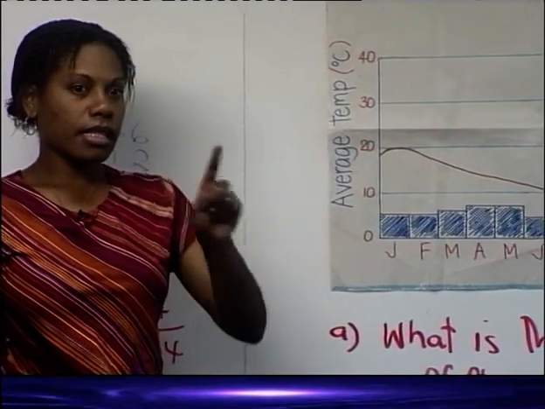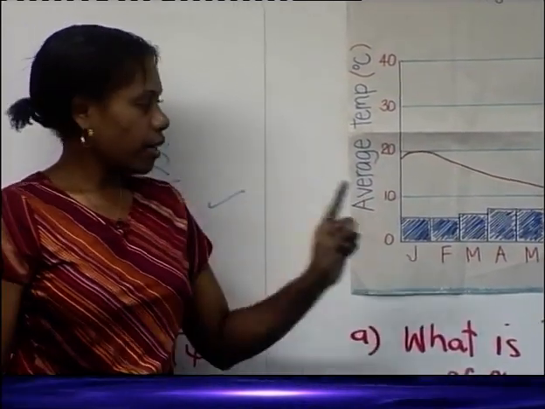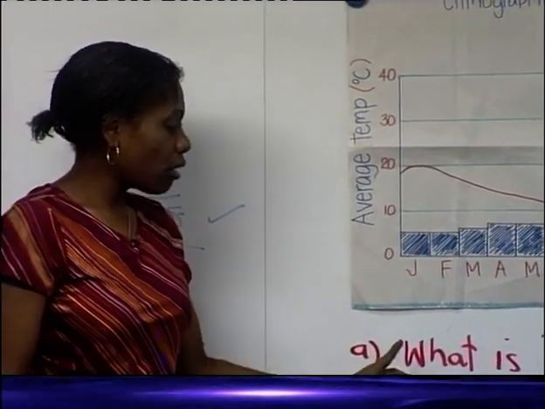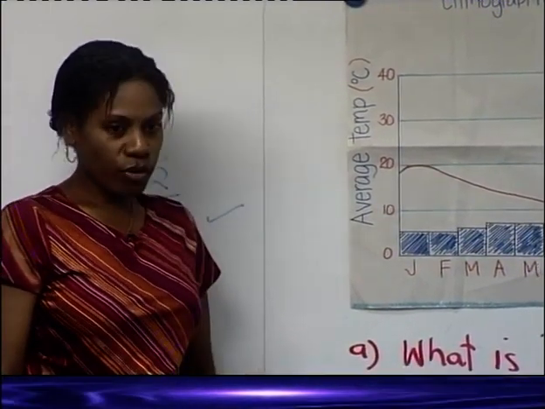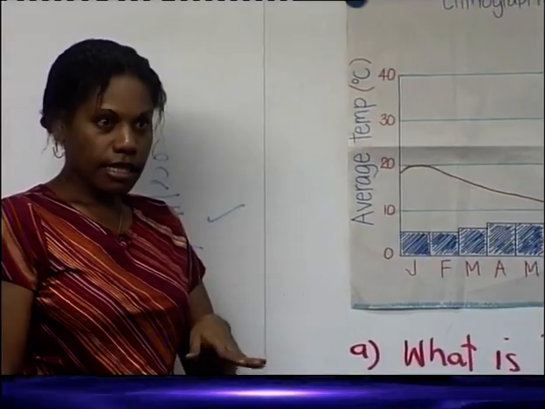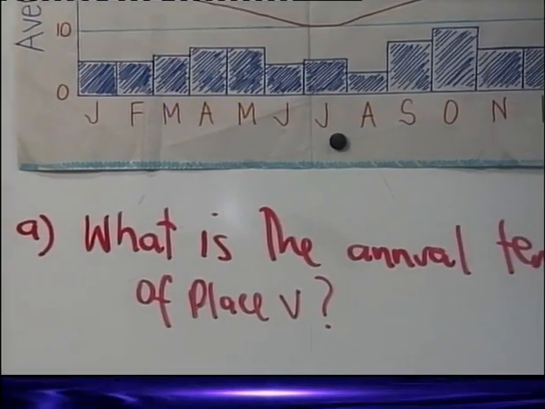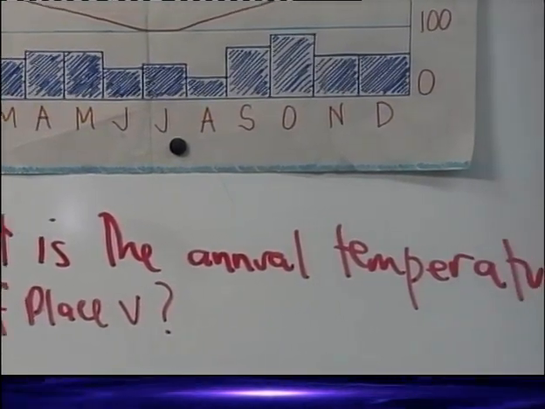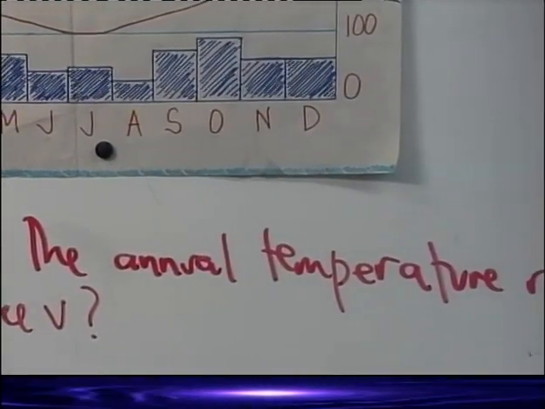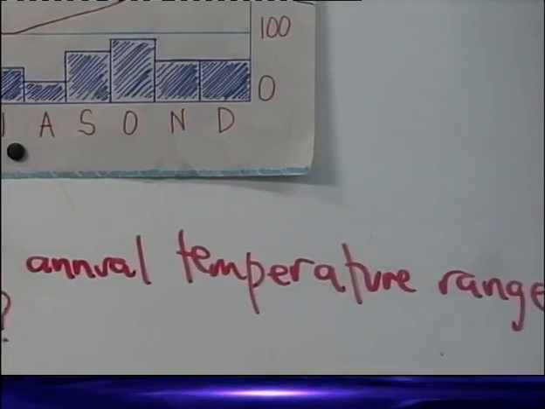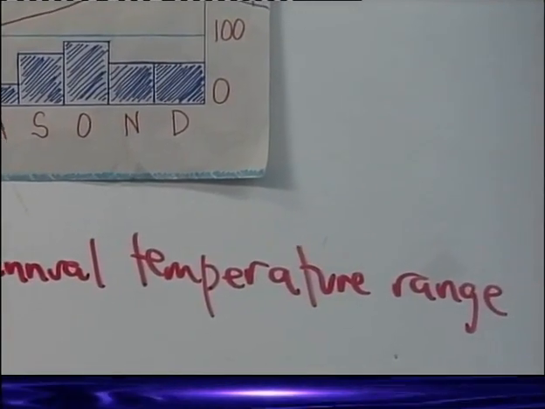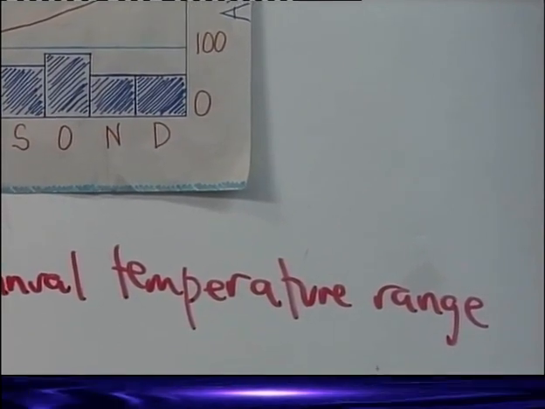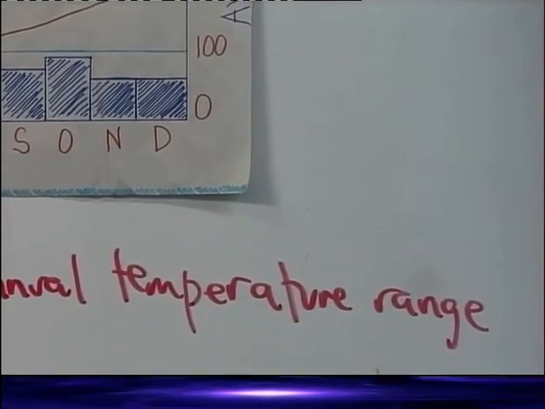Like group 5, they gave us the formula of how to work out the temperature range. They said calculate the lowest temperature reading from the highest. You subtract, right? And that's how you get your temperature range. HCs and receiving students, that's A. What is the annual temperature range of place V?